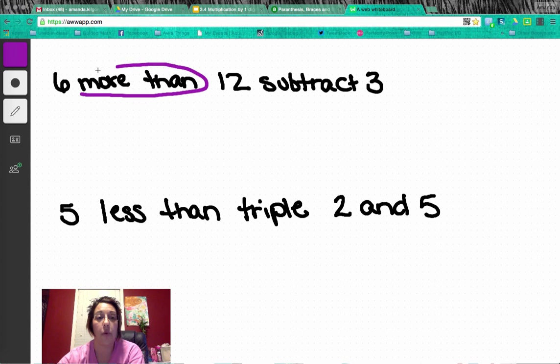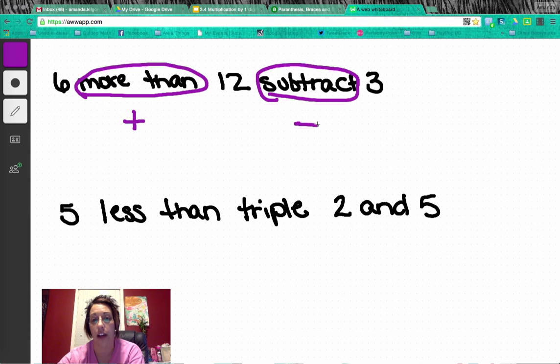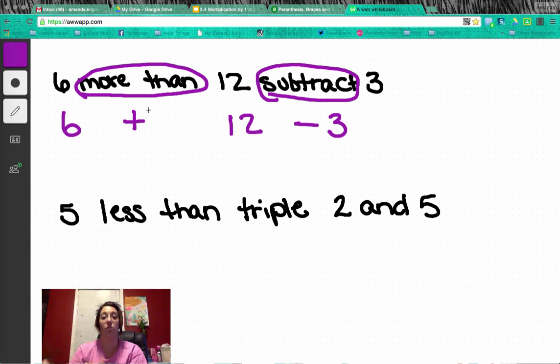I know that more than normally means add, and subtract tells us to subtract. Bring your numbers down, and then look and see if you need to add parentheses. You look for that when the problem tells you you've got to do things in a certain order.